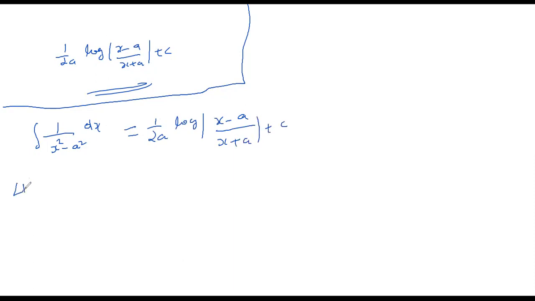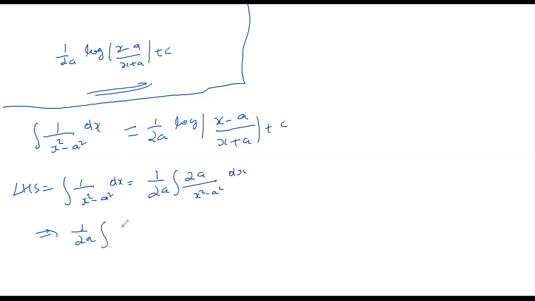Now I'm taking LHS. LHS is equal to the integration of 1 by x square minus a square dx. I write this as multiplied and divided by 2a: 2a divided by x square minus a square into dx. I write 2a as a plus a divided by x minus a into x plus a dx.